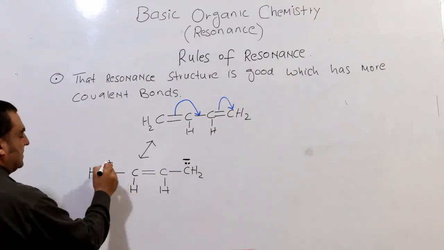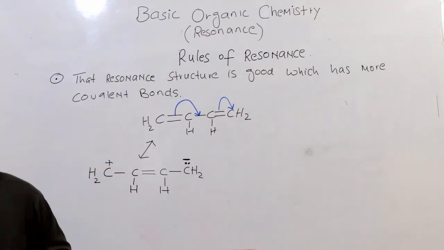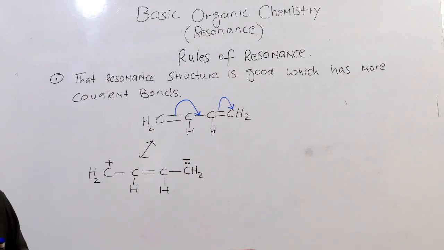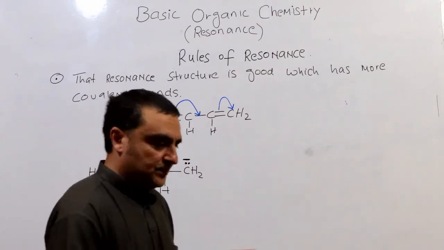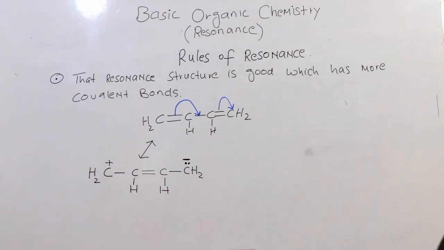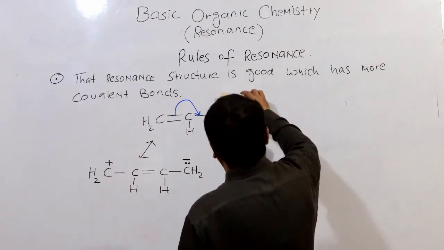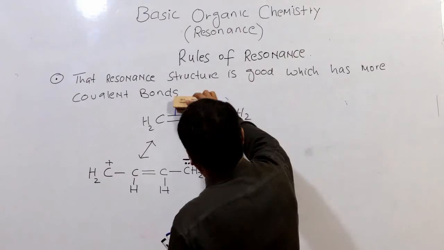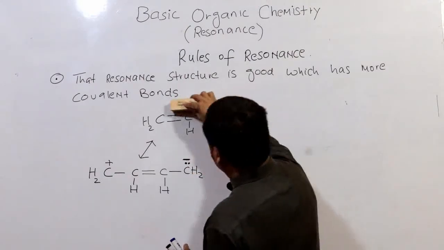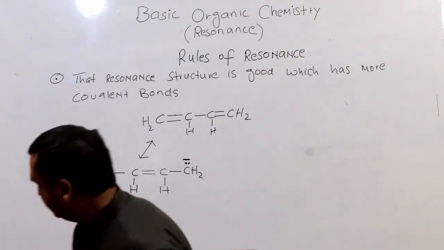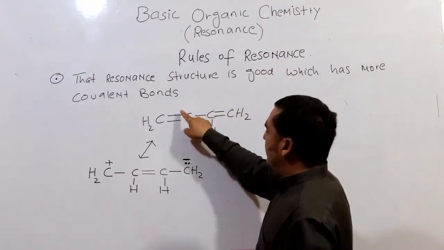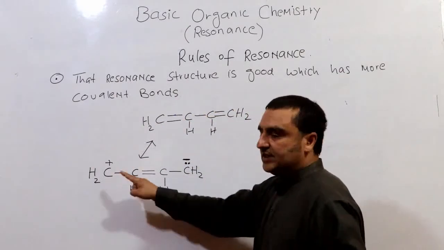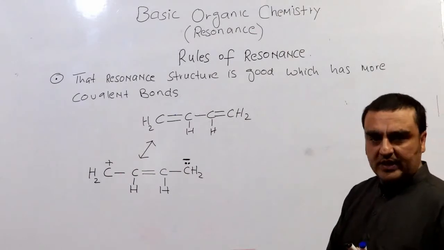This is one structure, but the electrons can move in the other way too. These electrons can move here and here, so this will be negative and this will be positive.